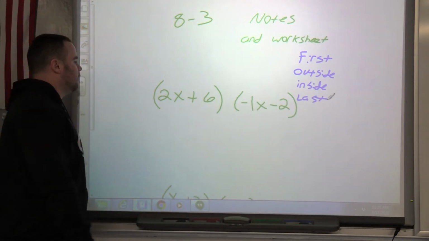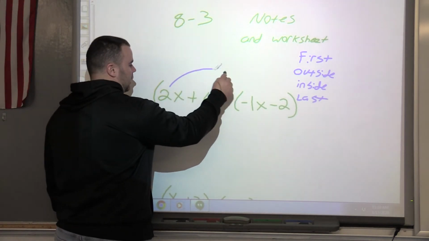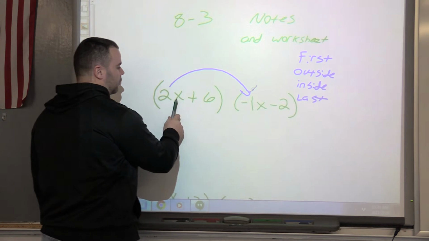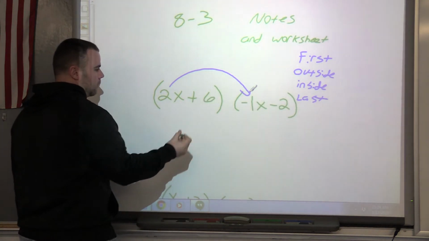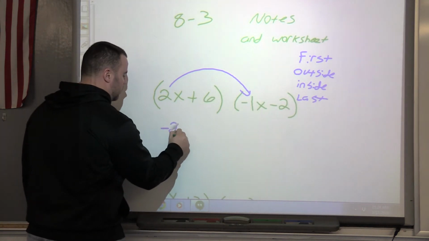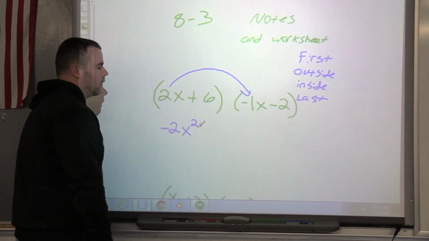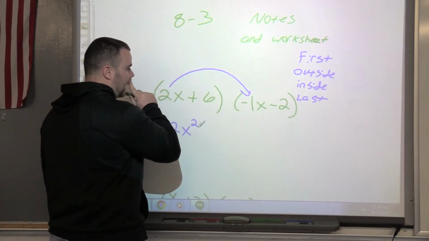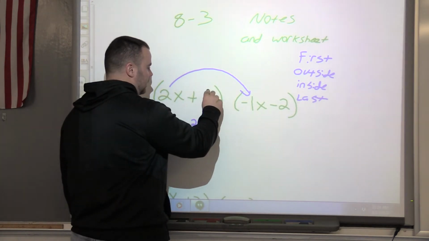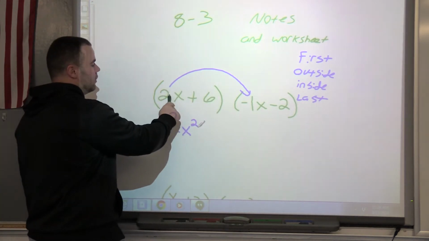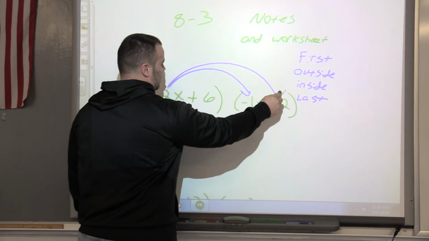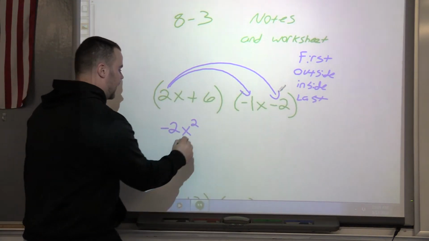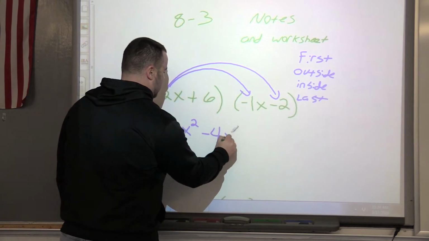All right, so the first thing, I'm going to take this 2x and multiply it right here. That's where we get the first. You multiply the first two numbers together. So 2x times negative 1x would be negative 2x squared. Next part, I take the 2x again and multiply it by the last thing on the inside. So 2x times negative 2 is negative 4x.